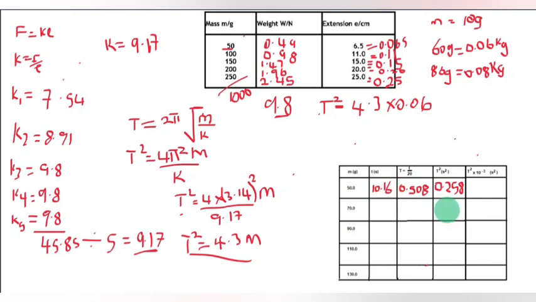So we'll do the same for this. Now this time around the mass is going to be 0.08. So I'm going to multiply 0.08 by 4.3, and that's going to give me 0.344.